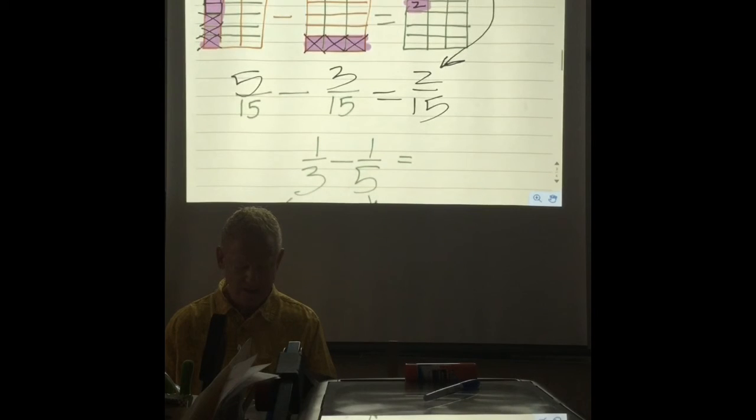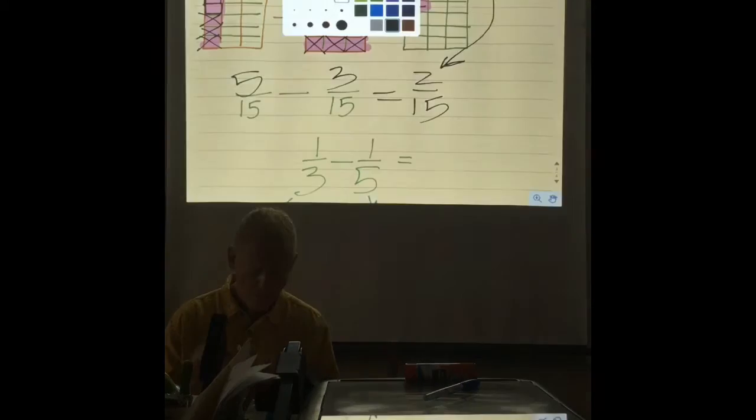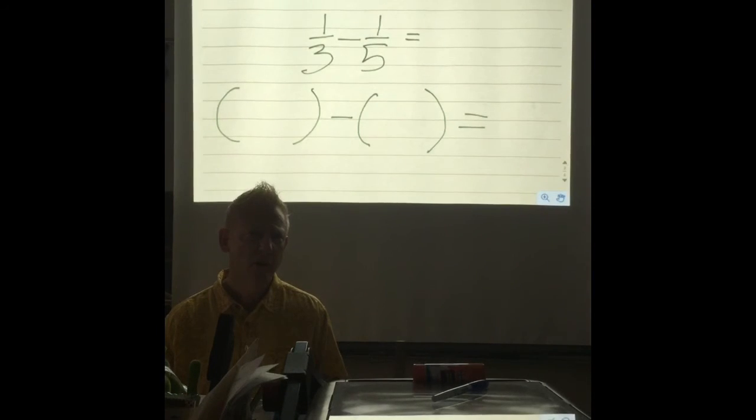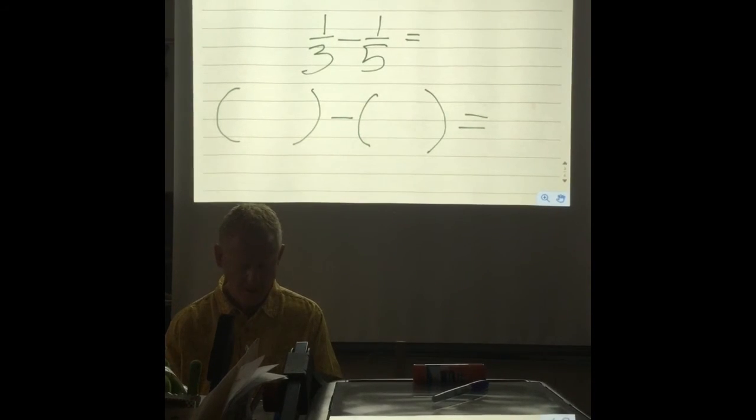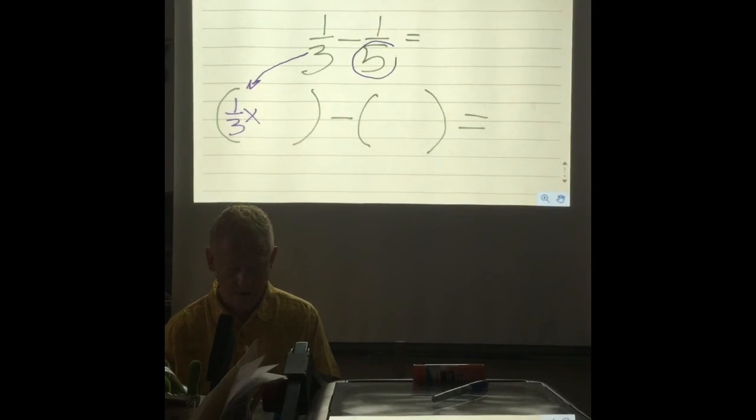Let's try doing this a slightly different way, shall we? I'm going to show you the parentheses way for this, okay? Now I'm going to show you the parentheses method, like we talked about last time. What are we going to do with this third? Do you remember what we're going to do with it? We're going to write it here. And then do you remember we're going to multiply by what? Well, we're going to take this 5 from this side and we're going to put it down here, right?